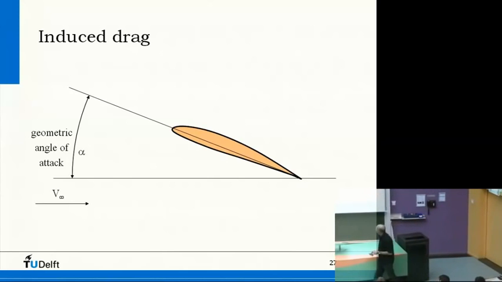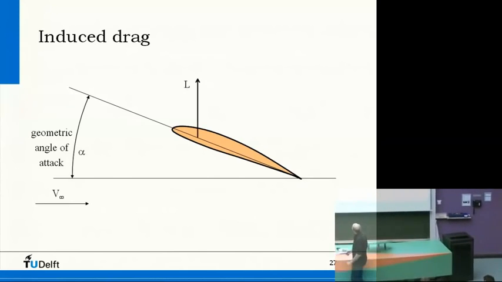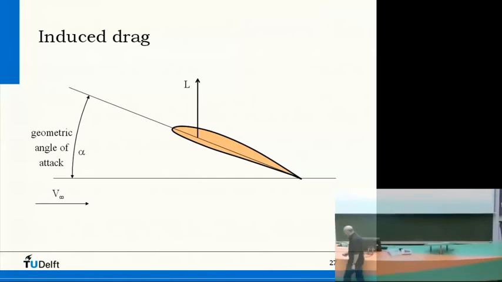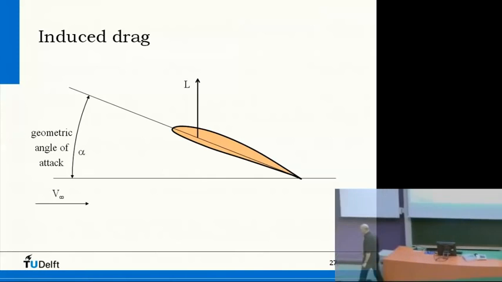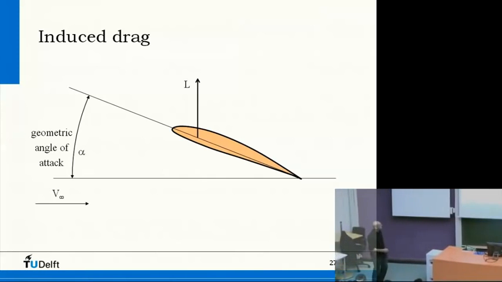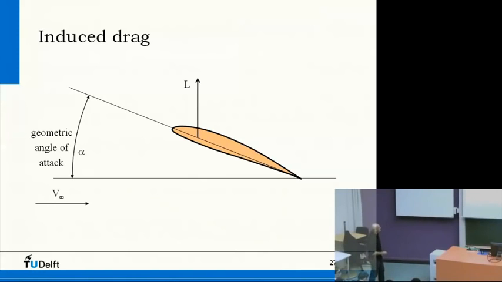By definition, the lift force is perpendicular to the velocity. So there's the lift force. And this is parallel to this chord line, so this is also the angle of attack. This is the angle of attack, and this is the angle of attack.